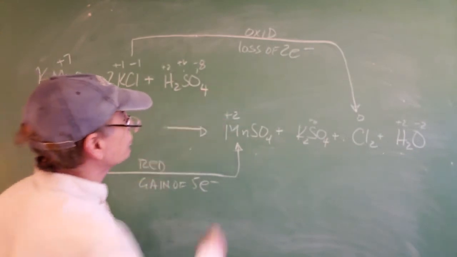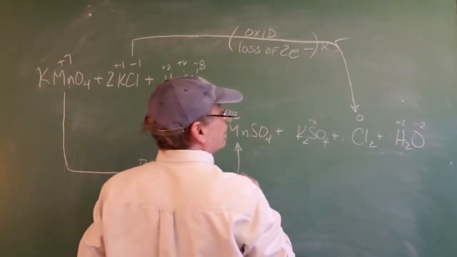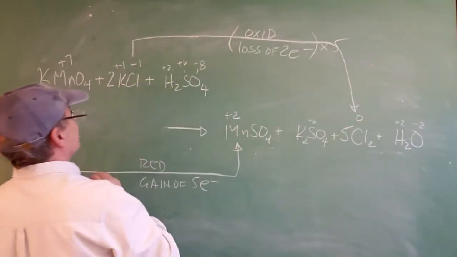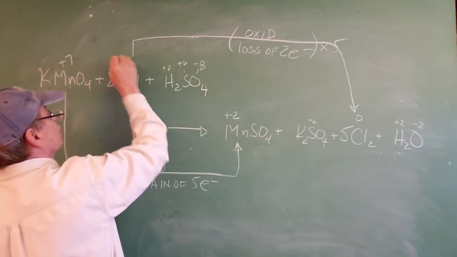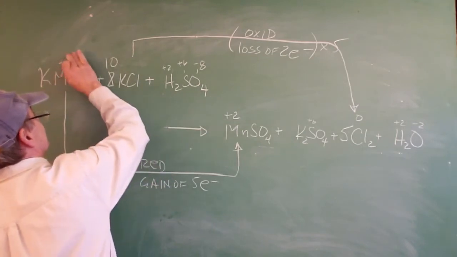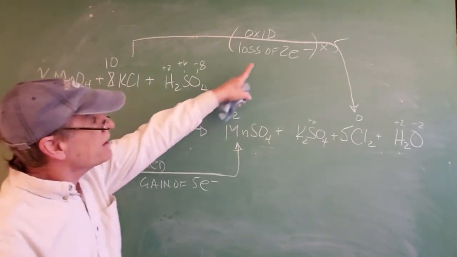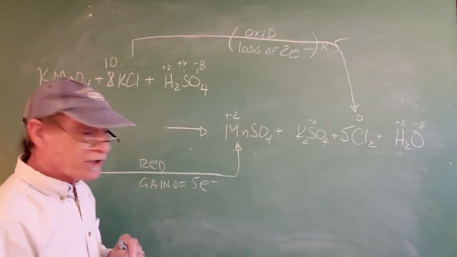So we're going to have to take the oxidation half reaction times 5, which means a 5 in front of the chlorines. It means now a 10 in front of the KCl. Let me get rid of their charges here. A 10 in front of the KCl, and again, that would account then for a 10 electron loss. Each of those chlorines losing 1 electron.